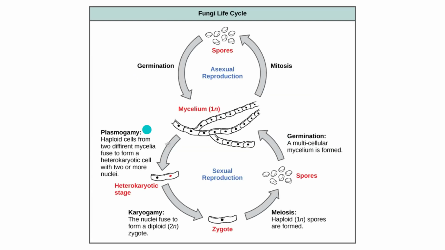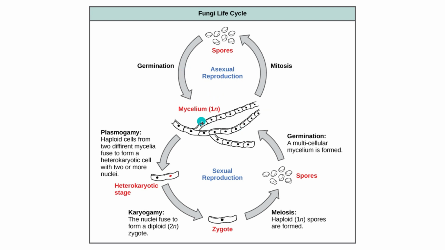Here you can see in this picture the life cycle of fungi, both asexual and sexual reproduction. You can see the mycelia, which undergo mitosis, resulting in the formation of spores, and each spore tries to germinate individually, and this entire process is called asexual reproduction.